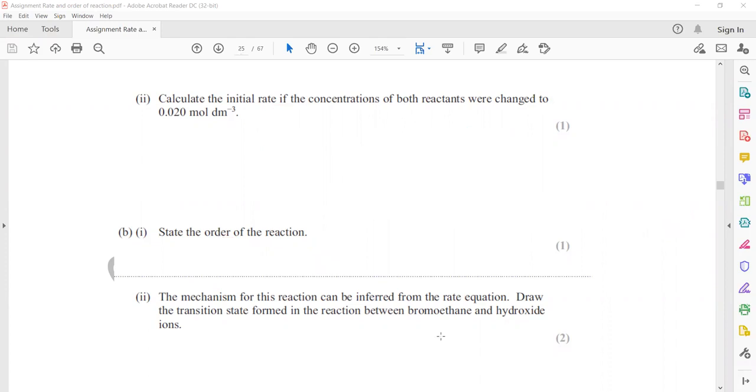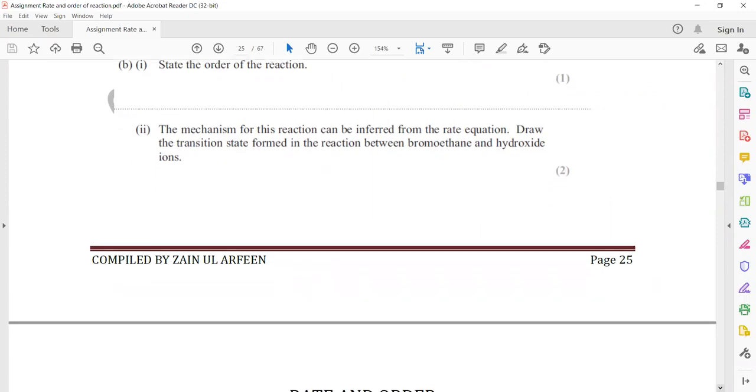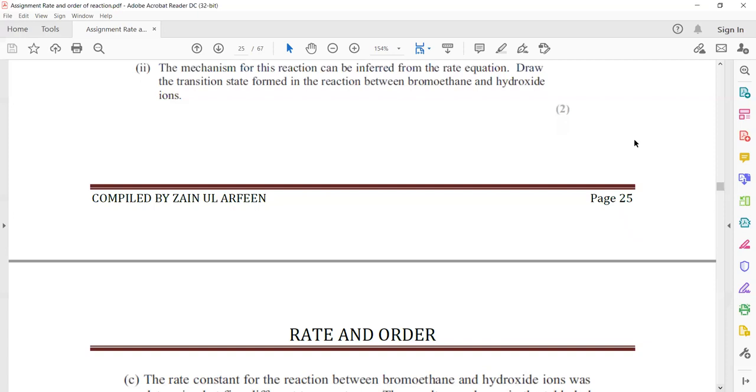The mechanism for this reaction, as you can see, both reagents are involved in the rate equation. So what will it be? It will be SN1 or SN2. SN2. Yeah. So we have to basically show the SN2 mechanism. What happens is that bond breaking and bond forming take place at the same time. So first we draw bromoethane.